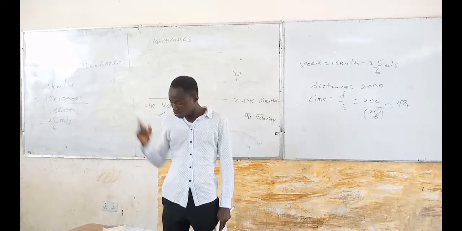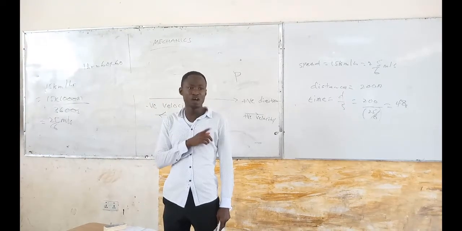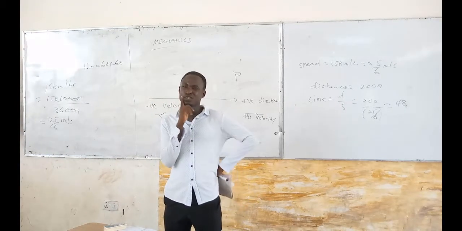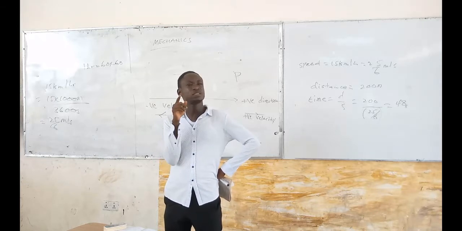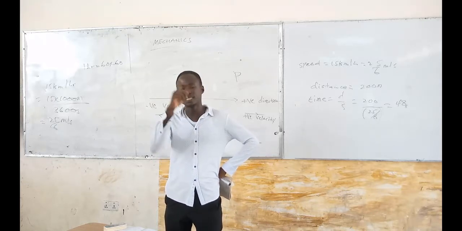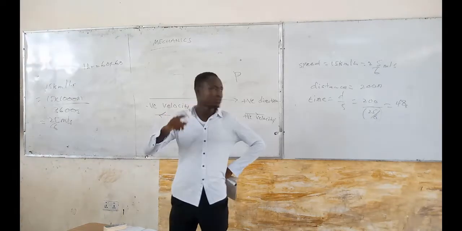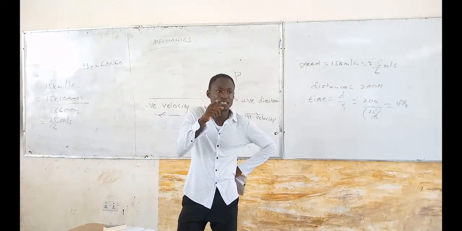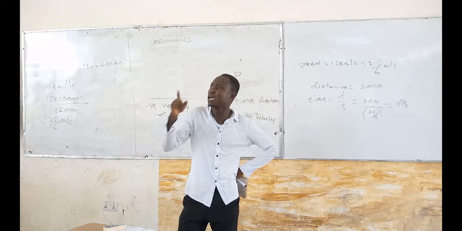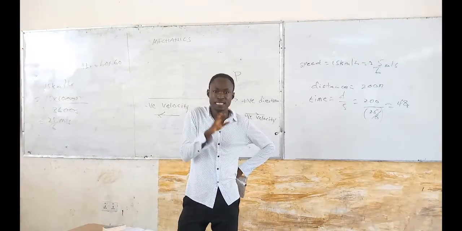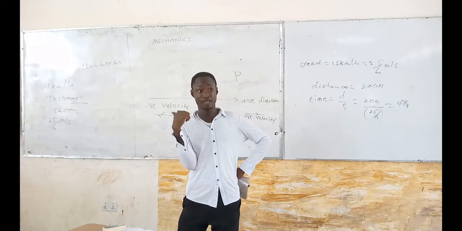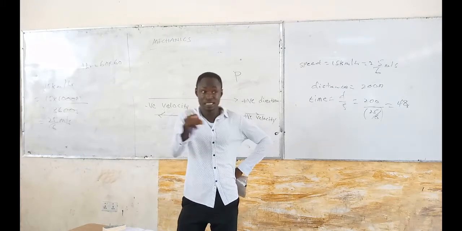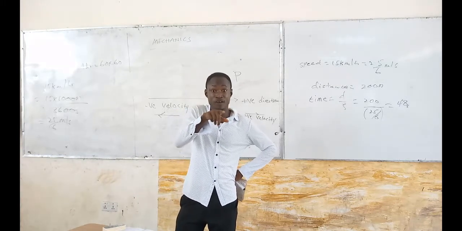Due north, so what is trying to come into play here? What is specified? Direction. Thank you. So it's very important to note all this. Direction is specified. It means that even if we have something to do with speed and velocity, I have to look at velocity. If it's about distance and displacement, which one involves direction? The displacement.